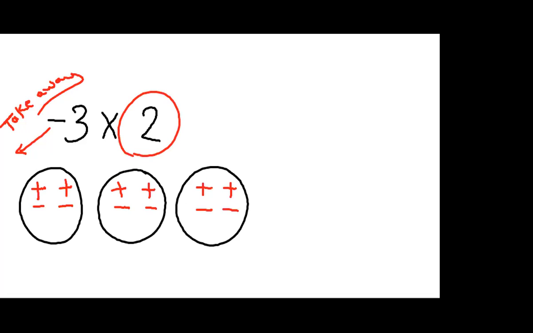So I will take away 2 from the first group, 2 from the second group, and 2 from the third group. Then what is the answer by the end? Negative 6. Thank you so much. So the answer by the end will be negative 6. Okay? Okay. So the answer will be equal to negative 6.